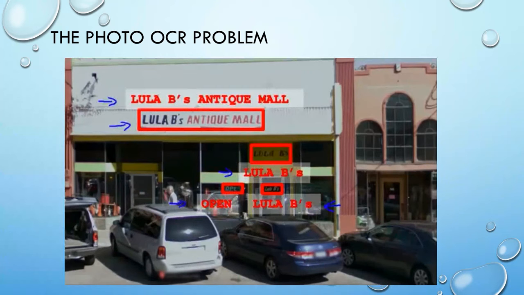But text in a photo can be hard, because sometimes your focus is not very good, or the text is very small, or it's on transparent glass. So it's super hard to know what exactly this character is. So doing OCR on a photo is more challenging than on a scanned document.